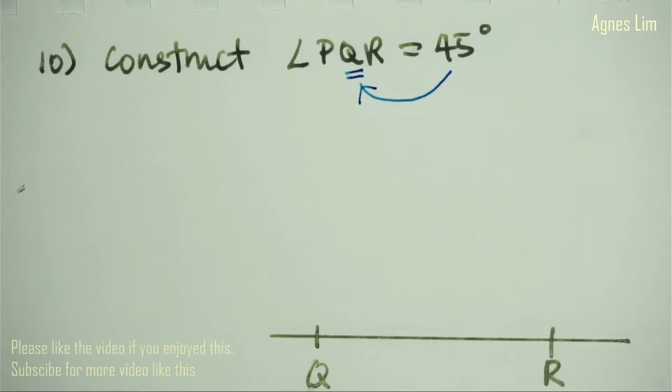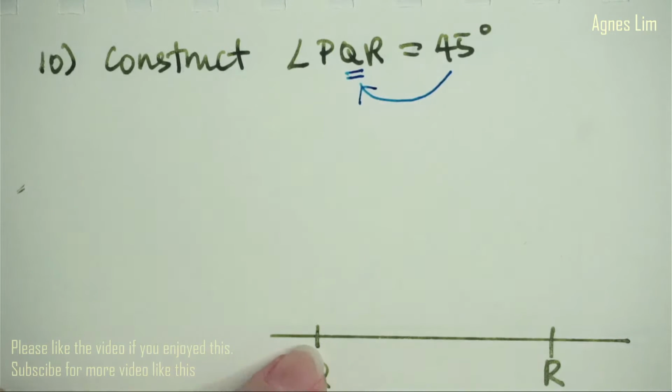So we are going to construct 90 for our guide. Then we are going to continue with angle bisector to get 45 degree. Okay, so remember you got two ways to construct 90 degree. Choose whichever that you are comfortable with.